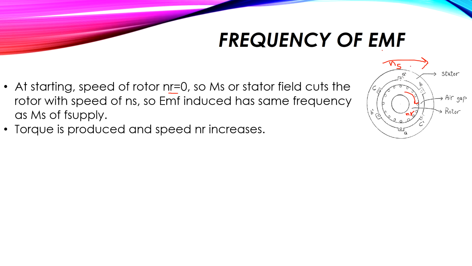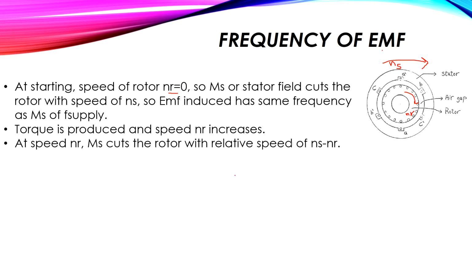What is the relative speed of cutting? At any speed nr, the field Ms cuts the rotor with a relative speed of ns minus nr. At the beginning, when nr was 0, the rotating field cut the rotor at a rate of ns.